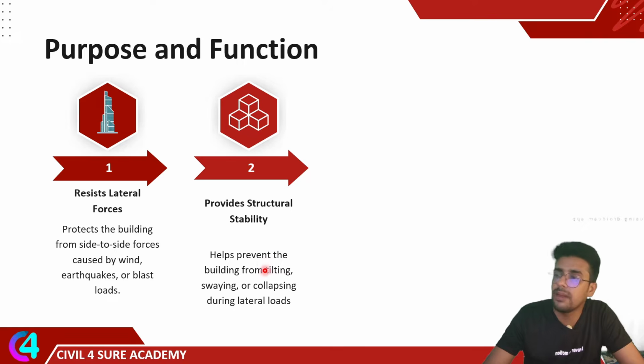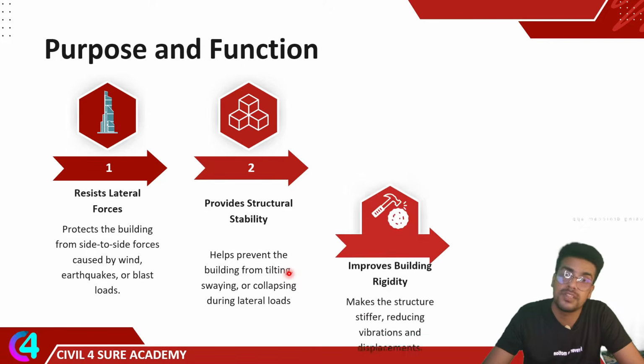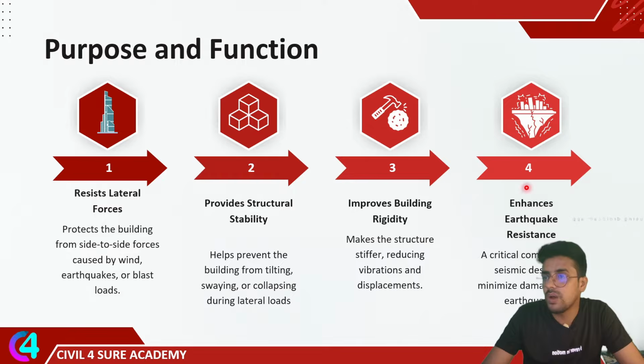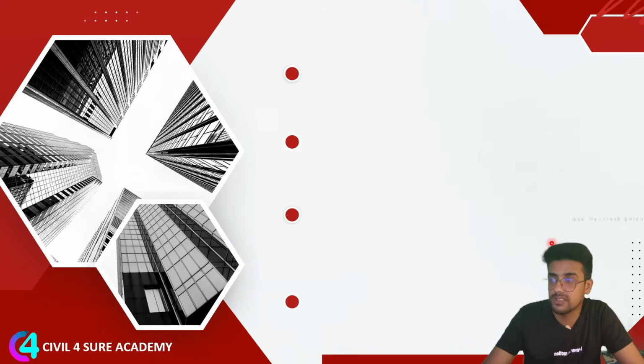It helps the building from tilting, swaying and collapsing during lateral loads. The third is the improvement in the building's rigidity. The overall rigidity of the building is going to increase, and it is going to reduce the vibration and displacements. Overall, it is going to enhance the earthquake resistance, a critical component in seismic design, to minimize the damage during an earthquake.